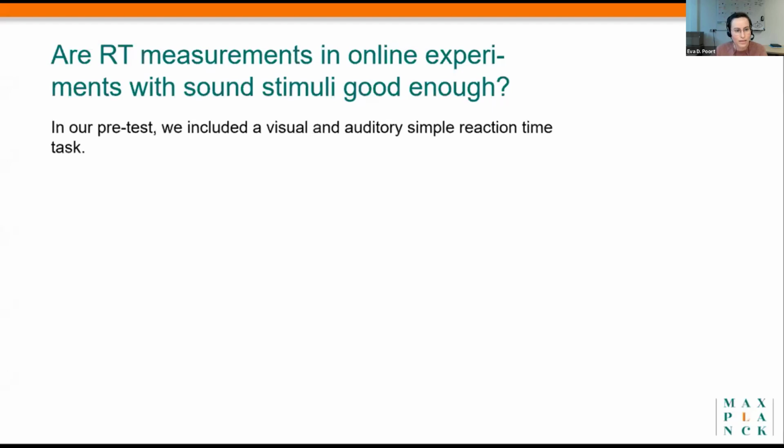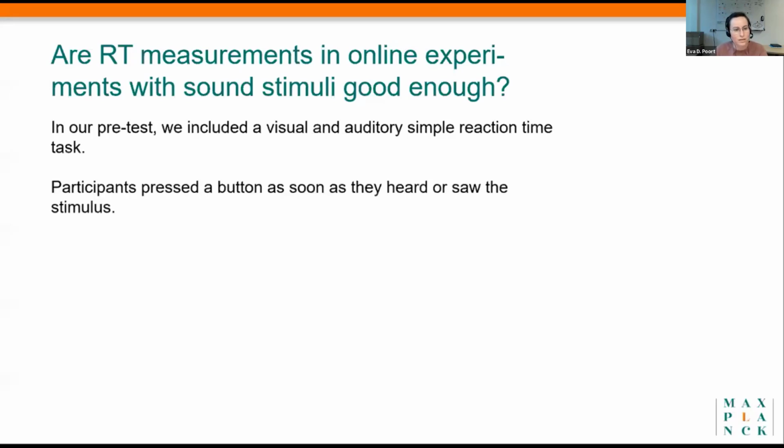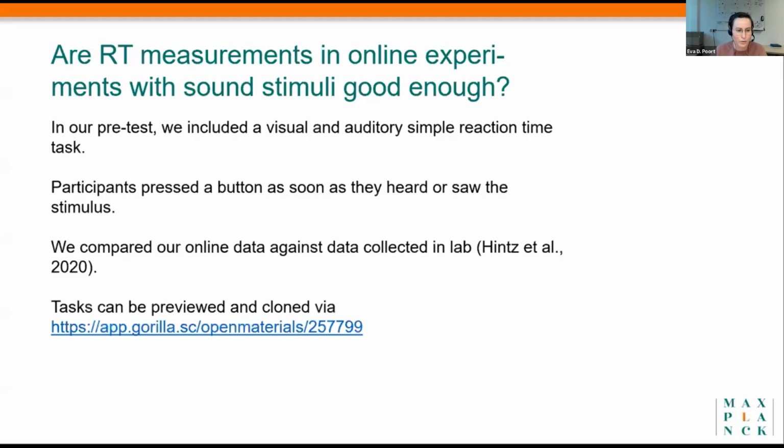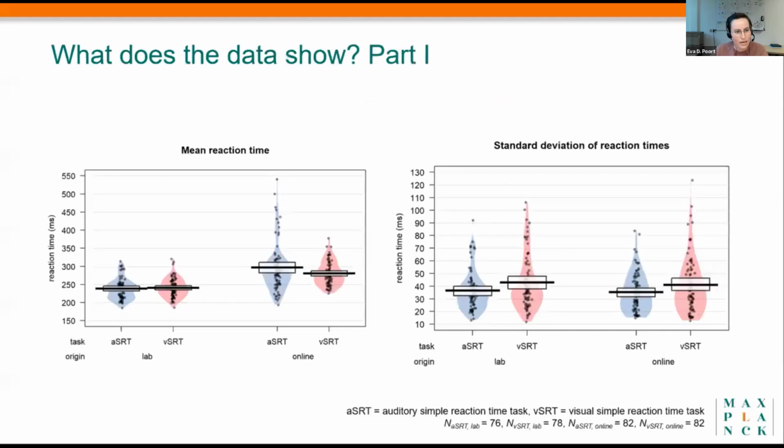And we did that by including a visual and auditory simple reaction time task in our pretest with sighted participants. And in these tasks, participants just simply pressed the button as soon as they heard or saw the stimulus. And we then compared the data that we gathered online against data that our colleagues had collected in the lab. And for those who are interested, you can preview and clone these tasks via Gorilla Open Materials.